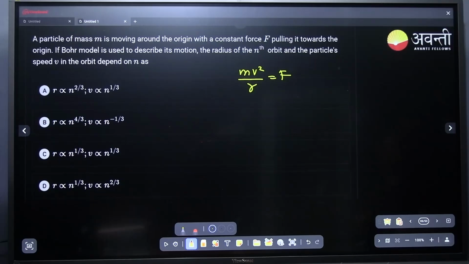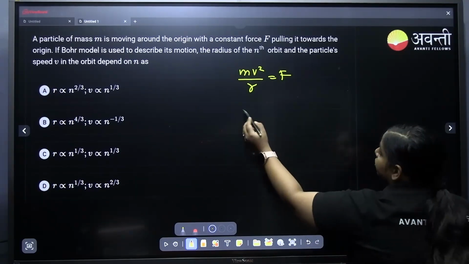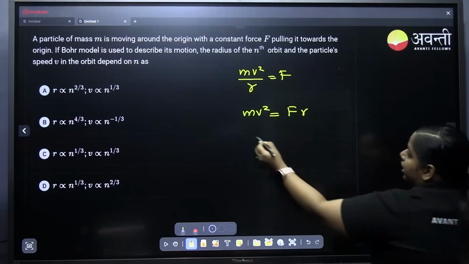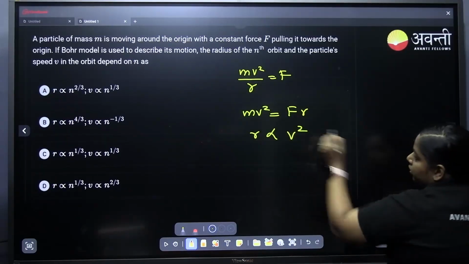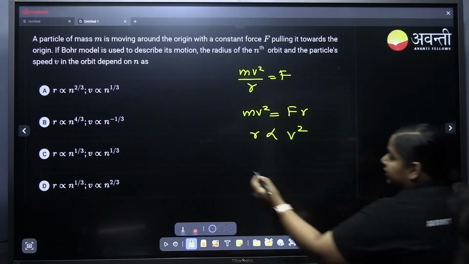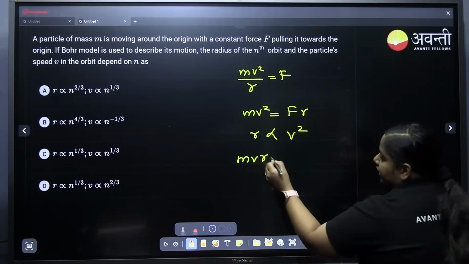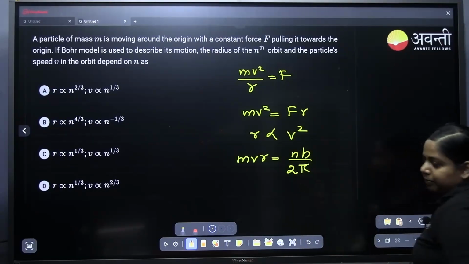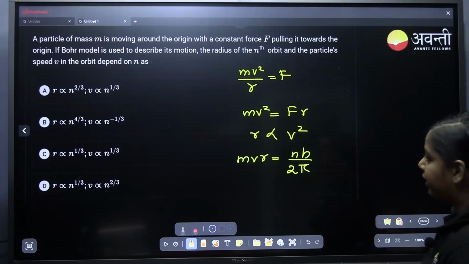Pulling towards the origin, F equal to mv square by r, and F is constant force, so mv square equal to F into r, so r is proportional to v square. Next we substitute mvr equal to nh by 2 pi, this is from Bohr model.